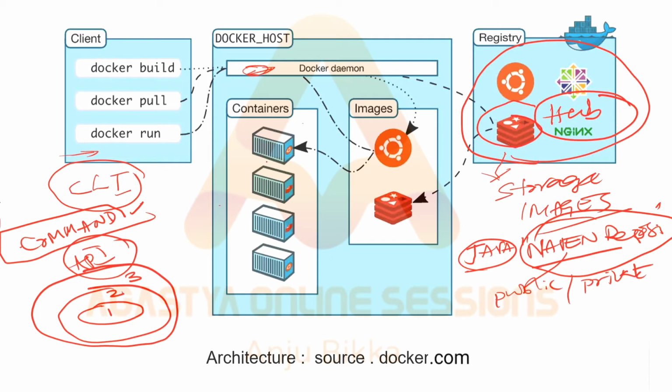Now to the Docker host: the daemon, images, and containers. Let's discuss images. What is an image? An image is nothing but a read-only template with the instructions to create a Docker container. As we discussed in previous sessions, it is like a template.